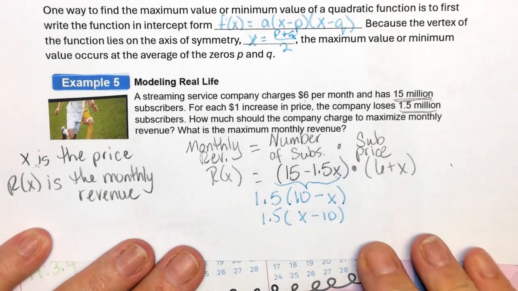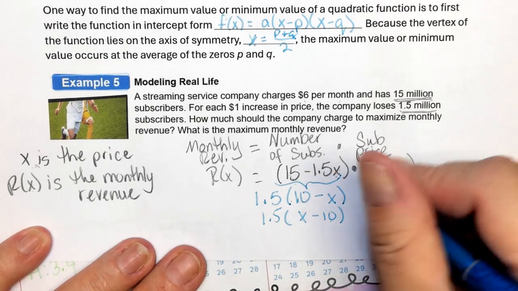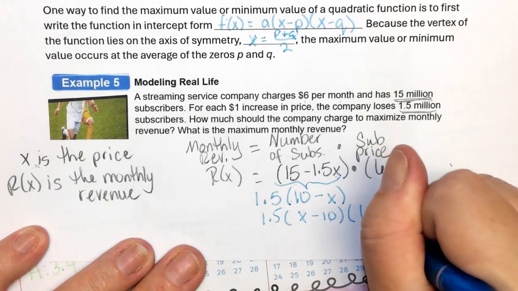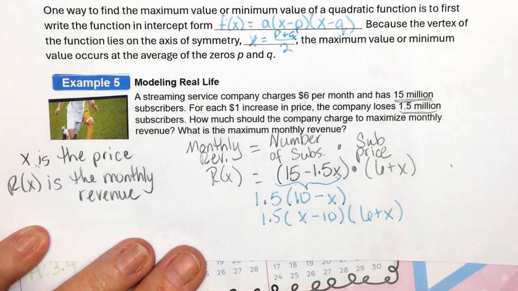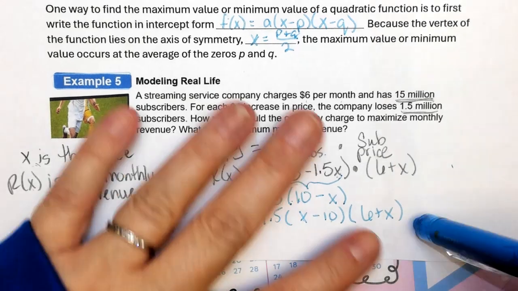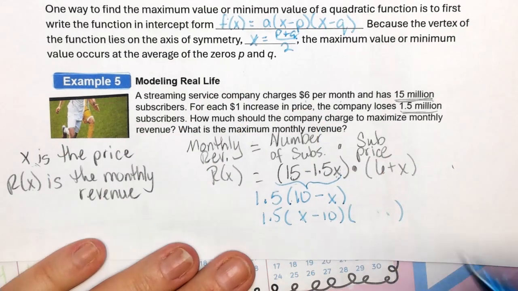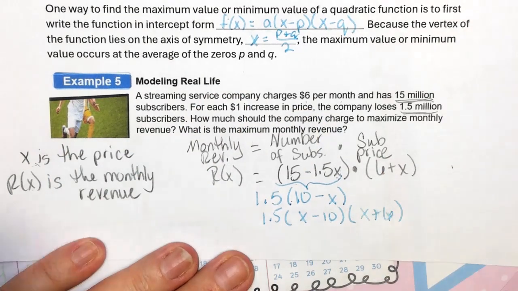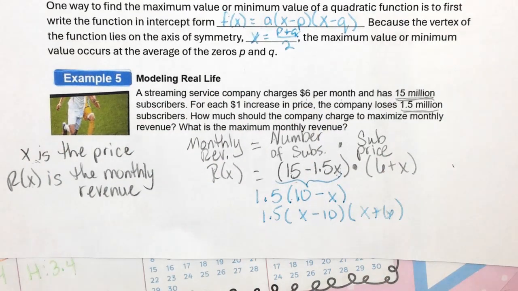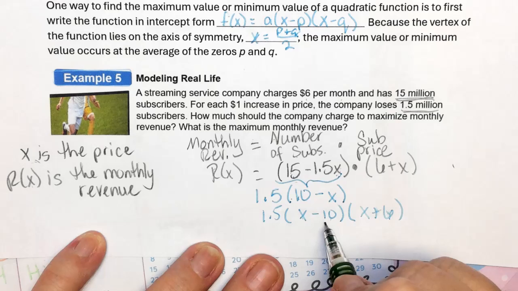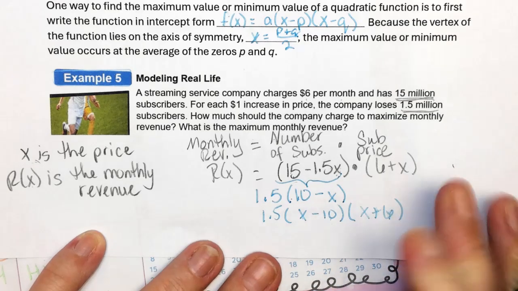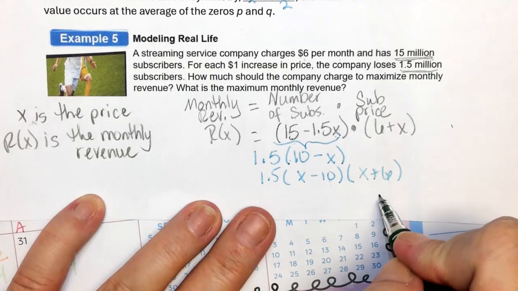Like I said, we can practice more of these in class if you need to. Bring down the sub price. Now we have it in intercept form. Let's rewrite it with the x on the left so it's not confusing: x plus 6. So we know our zeros. Remember, they're the opposite, so it would be 10 and negative 6.